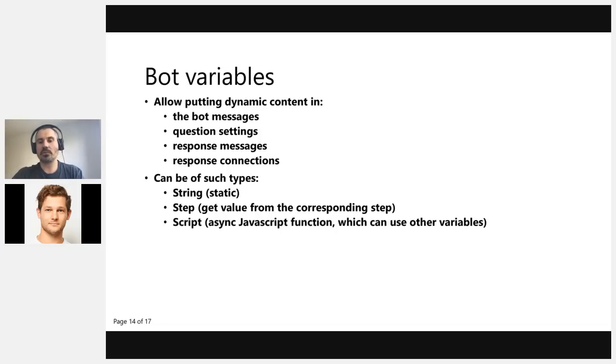Another type of variable is text, which can be a static value if you need to. For example, it can be some constant in the calculation which is changing over time, but not too fast.